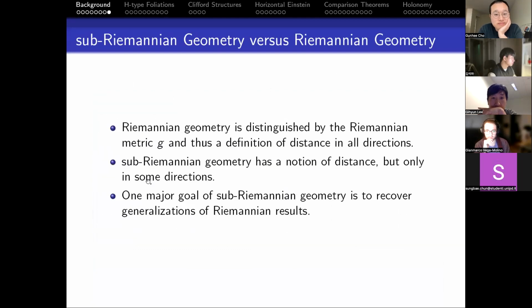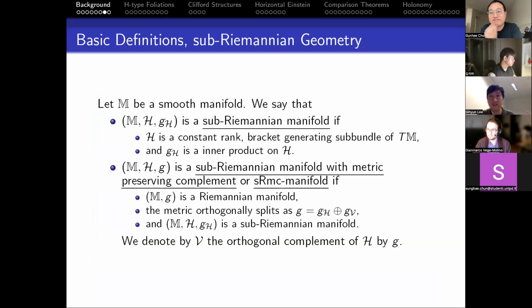Yeah, so, metric preserving the complement. So is this orthogonal complement becomes the smooth vector bundle automatically?